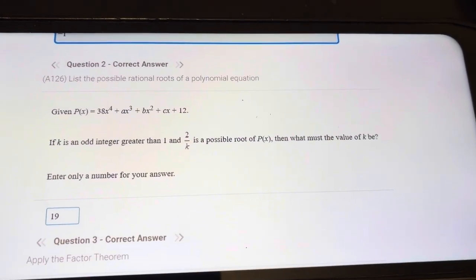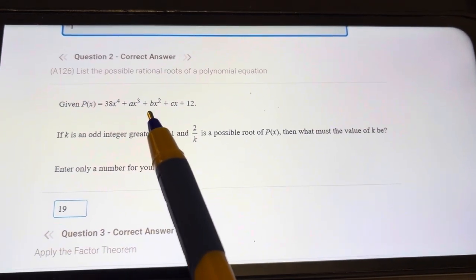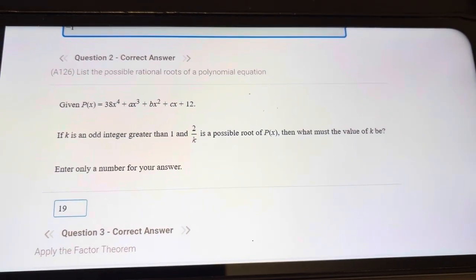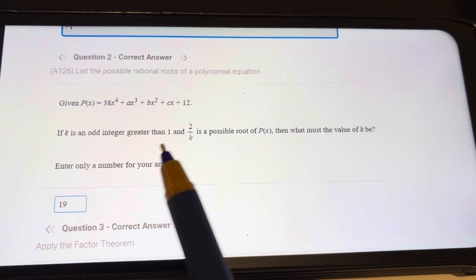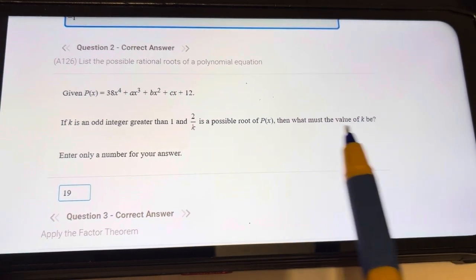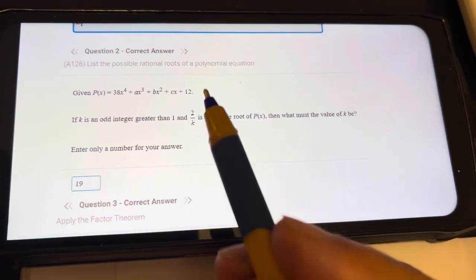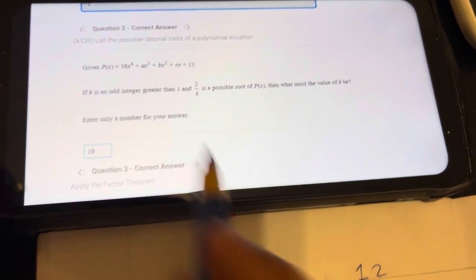Question 2. Given that p of x is equal to 38x to the power of 4 plus ax cubed plus bx squared plus cx plus 12. If k is an odd integer greater than 1 and 2 over k is a possible root, then what must be the value of k? Let me get all the possible roots. I have the constant 12, and this is 38.